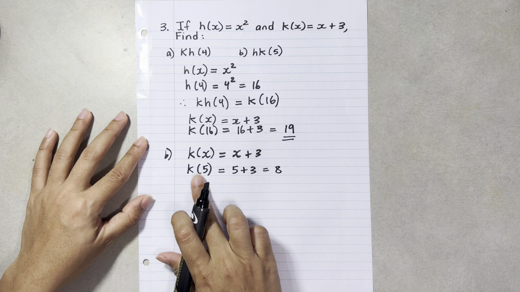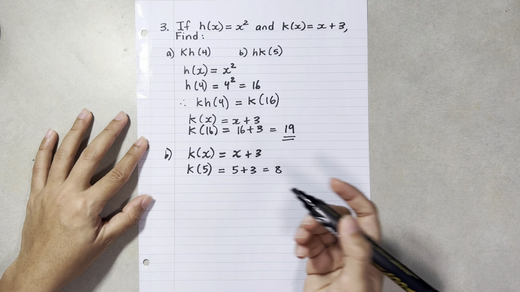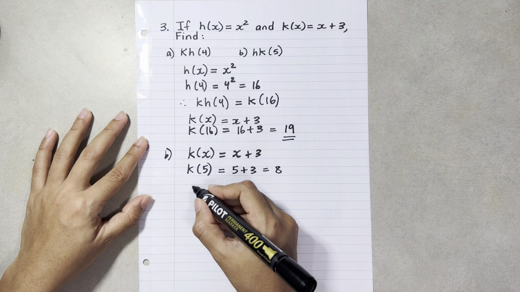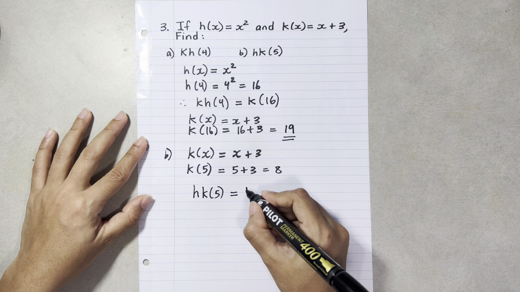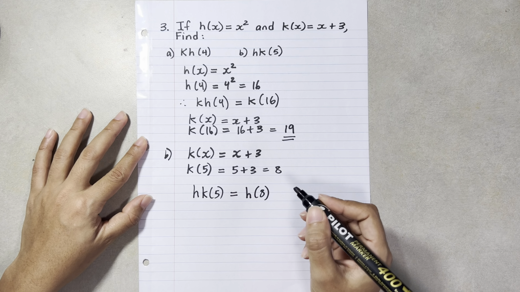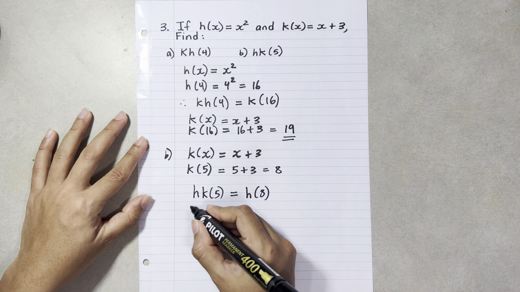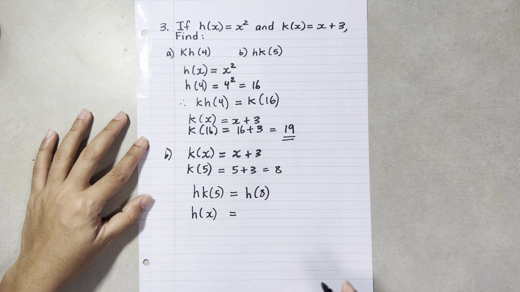And now we can substitute that 8 into h of k of 5 because we know that k of 5 is 8. So finding h of k of 5 is the same as finding out what h of 8 is because k of 5 is 8. So let's see. The function h of x is defined as x squared.